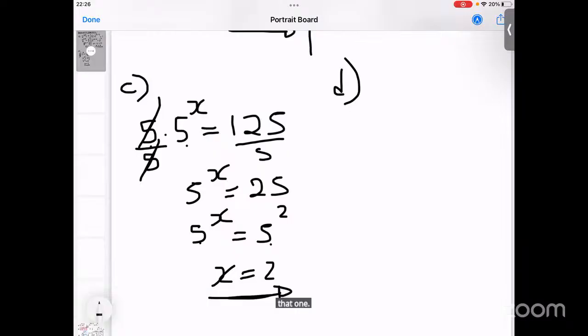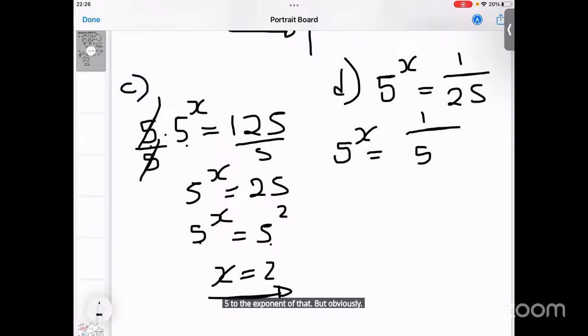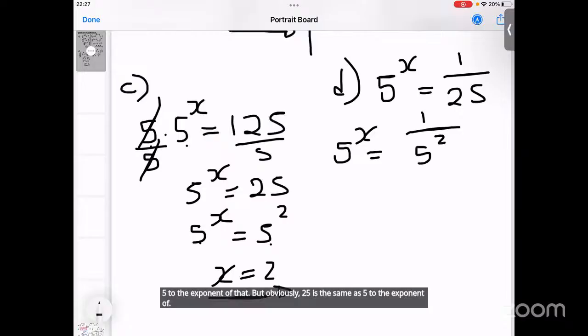Okay, so now we've got this one being 5 to the exponent of that, which is supposed to be equal to 1 over 25. What you need to remember is that you are having 5 to the exponent of that, but obviously 25 is the same as 5 to the exponent of 2, that we remember.